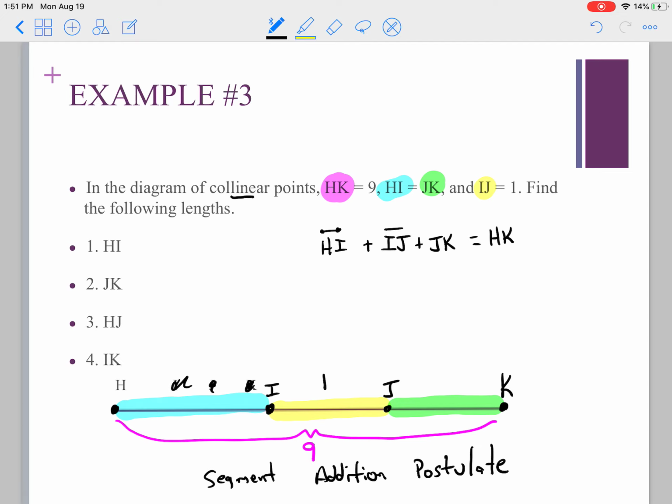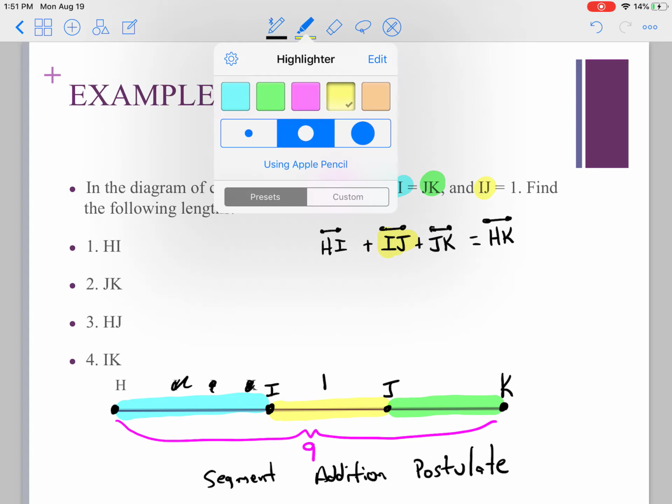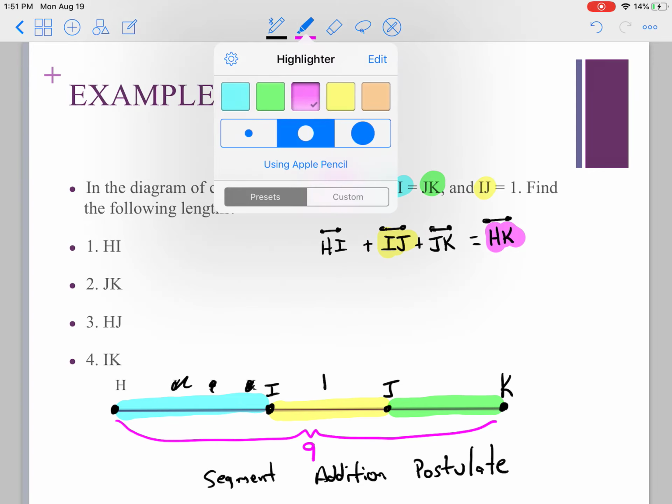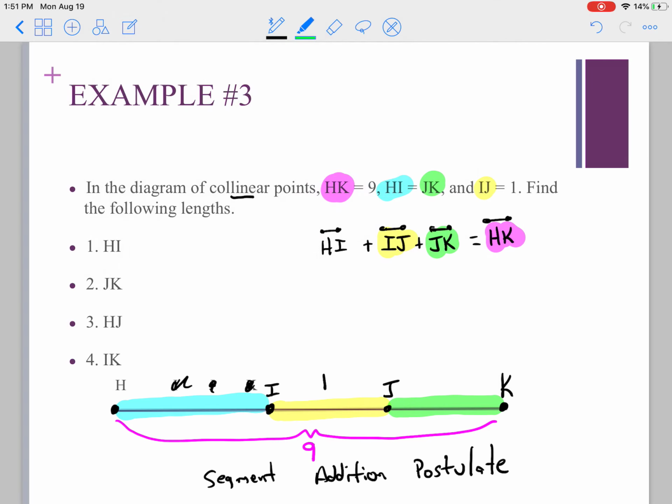And just to keep with appropriate mathematical notation, I'm going to add the segment notations. And then to give you the color scheme, there's segment IJ, here's segment HK, JK, and HI.